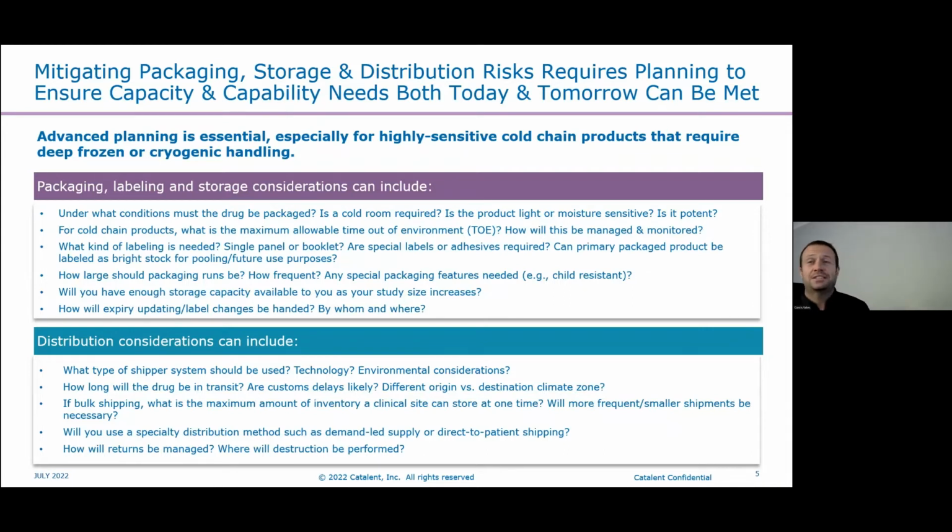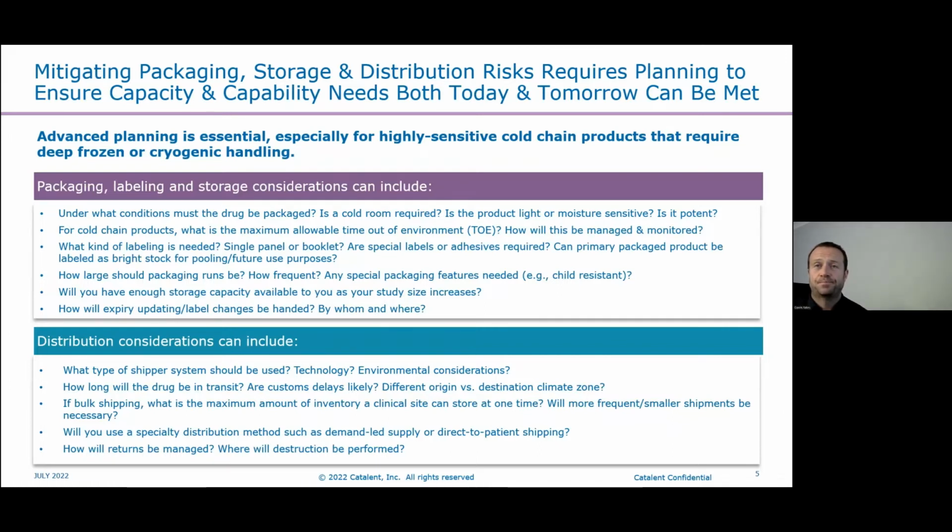As you move to the later phases, that is likely to increase. Is the setup or capacity available to support that as you move through your later phase trials? And expiry updating, if there is limited stability of your drug.